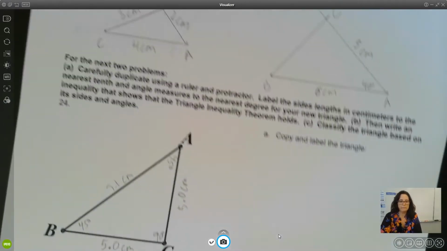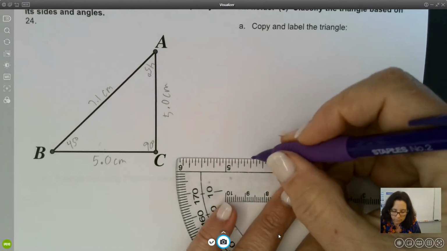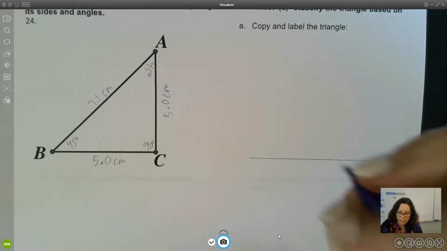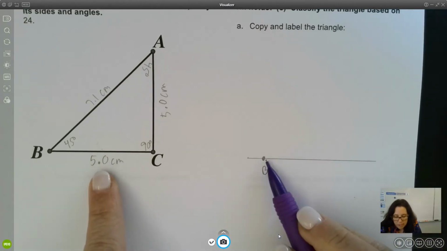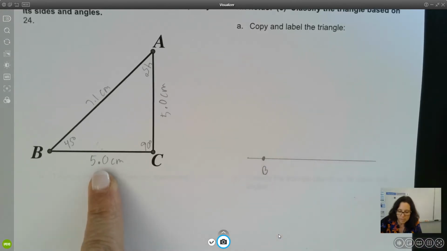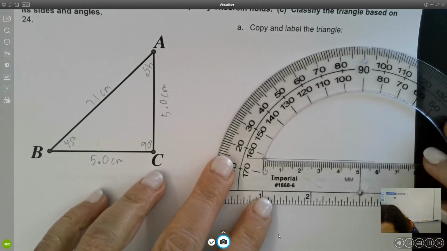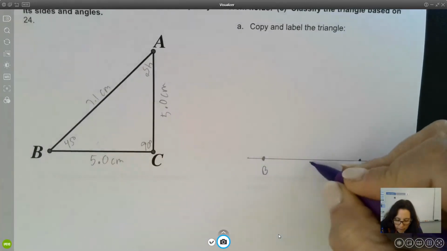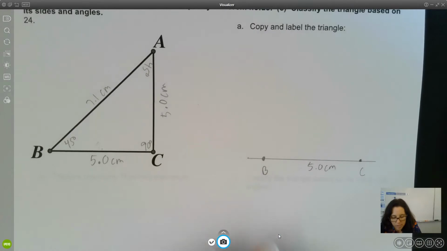Now I'm going to duplicate. I'm going to draw a straight line. I didn't do any measuring. Let's label right here B, and I need to measure 5 centimeters till I get to C. If I start at 0, I'm going to mark this at 5.0 centimeters, and this is labeled C. I need a 90-degree angle right here.